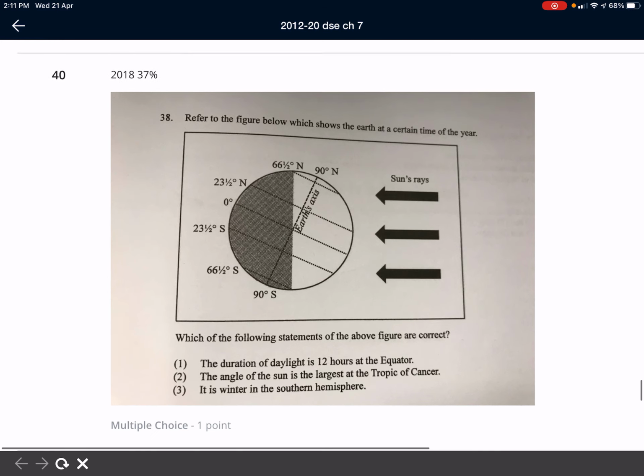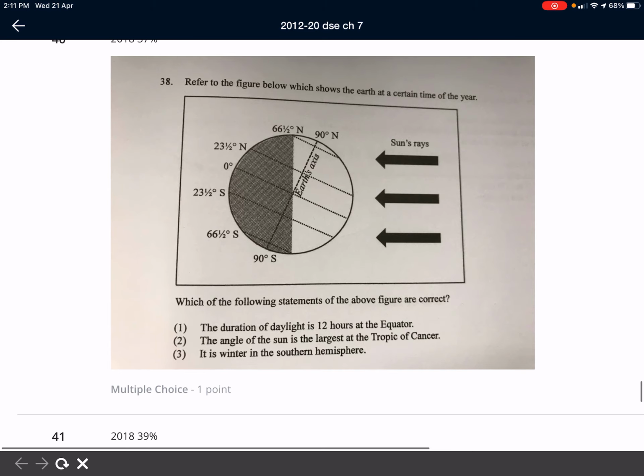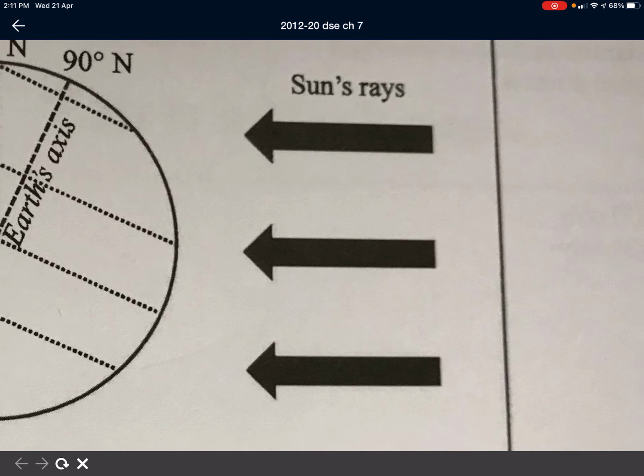And then for 40. Which of the following statements about the figure are correct? The duration of daylight of 12 hours is at the equator, isn't it? I don't think so, because you can see the Earth's axis is tilted, and where is the overhead sun?